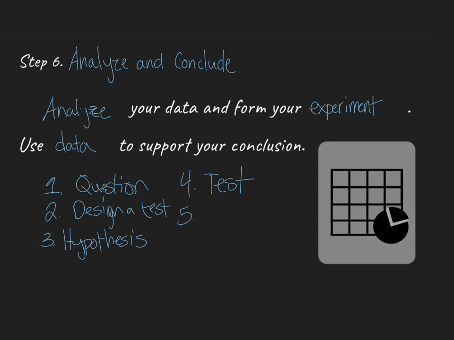Step 5, you record and observe while your experiment is happening. And then 6, you analyze and conclude. And if you follow these steps through carefully, you can be much more confident that your results are what the actual truth would be.